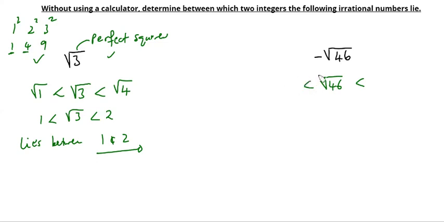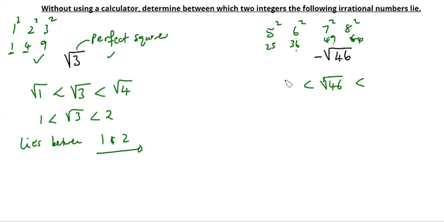If we start from 5 squared, 6 squared, 7 squared, 8 squared, we'll get 25, 36, 49, 64. What we can see is that 46 lies between 36 and 49.